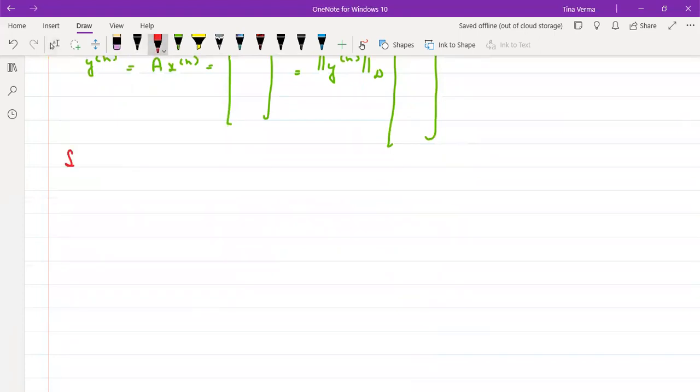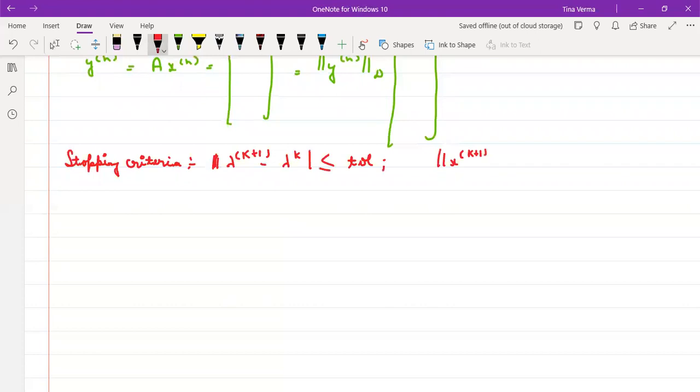So what can be the stopping criteria? Stopping criteria can be anything which will be given to you. Either it can be based on your eigenvector, or it can be based on your eigenvalue. So stopping criteria can be like this, that lambda k plus 1 minus lambda k should be less than or equal to your tolerance, right? Or it can be your eigenvector, that the norm of x k plus 1 vector minus x k vector should be less than or equal to the tolerance.